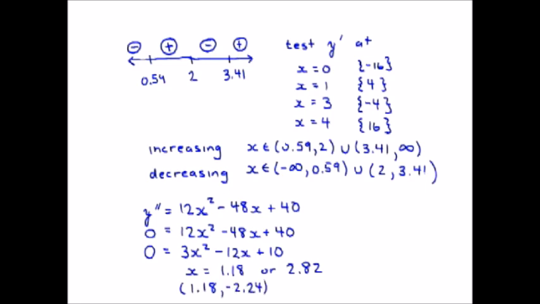When x is equal to 2.82, my corresponding y coordinate is -2.24. Now, we're really not sure if those values are indeed points of inflection, because remember, with points of inflection, concavity must change across those points.